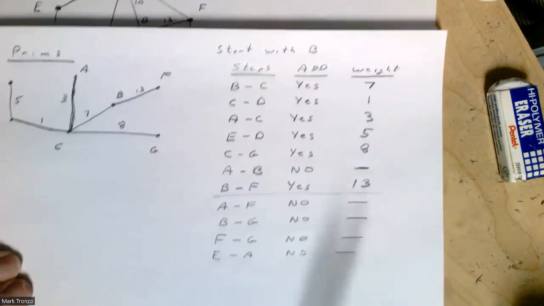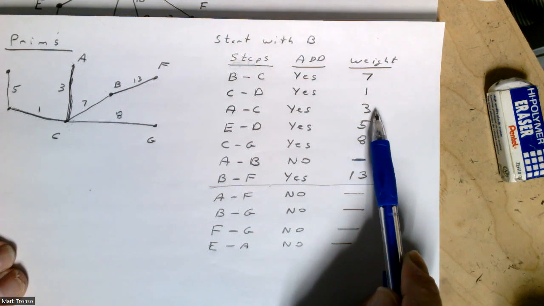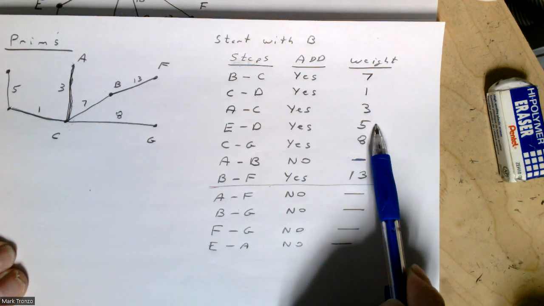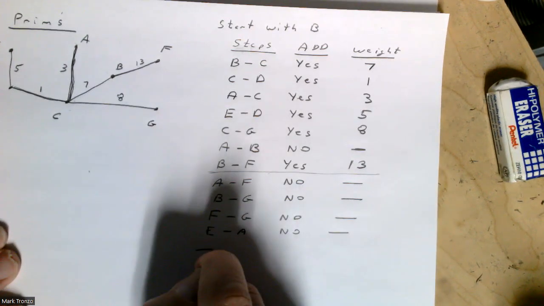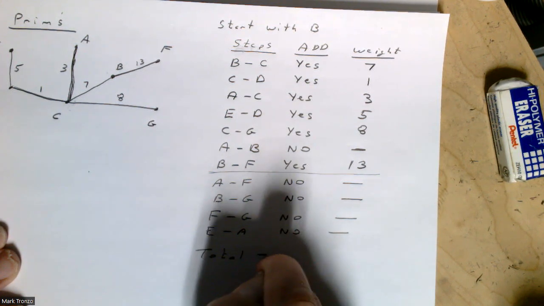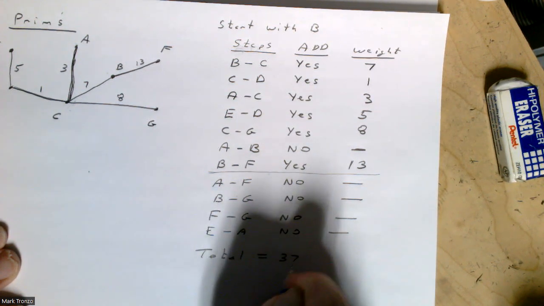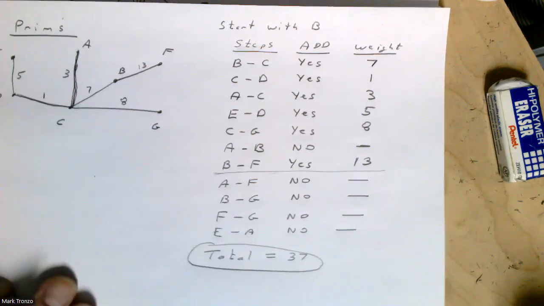And so once again, let's find the weight. 7. That's 8 plus 3 is 11. 5 is 16. 24, 37. So it's the same that we got for Kruskal's algorithm. And in fact, we got the exact same graph.